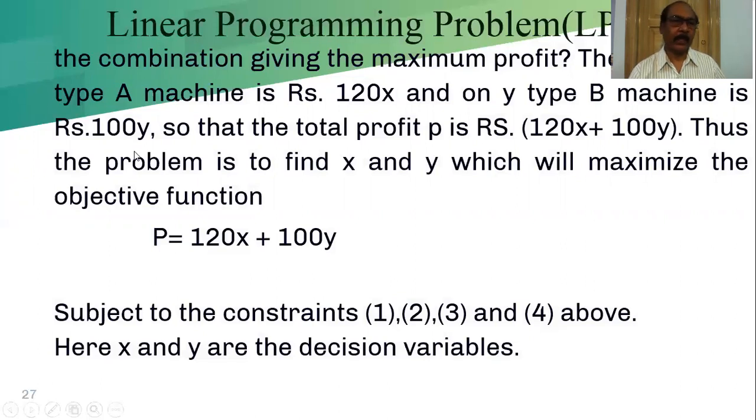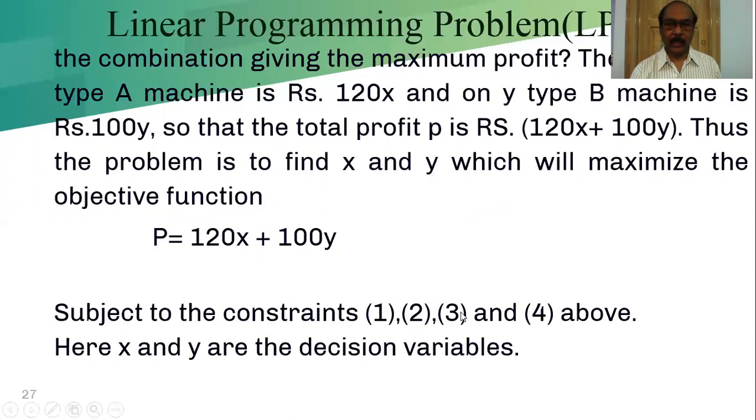The profit on x type A machines is rupees 120x and on y type B machines is rupees 100y, so the total profit is rupees 120x plus 100y. Thus the problem is to find the x and y which will maximize the objective function p equal to 120x plus 100y, subject to the constraints 1, 2, 3 and 4 above.